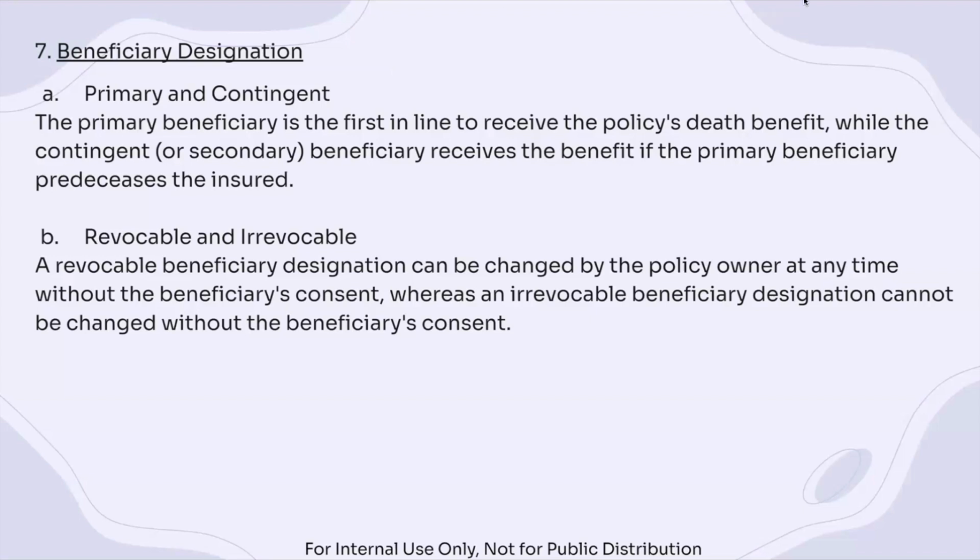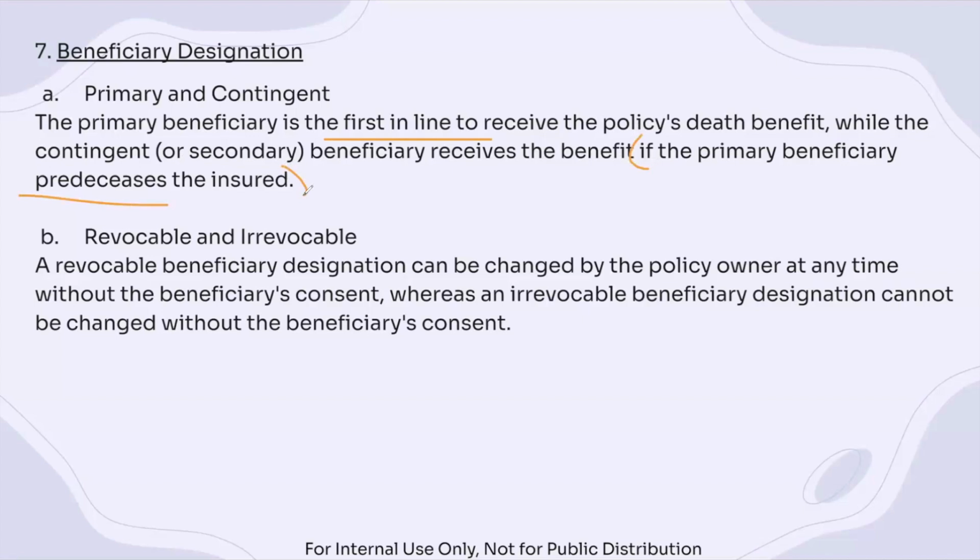The primary beneficiary is the person that's first in line to receive the policy's death benefit. This might be your dependents, something that you're really familiar with. Contingent beneficiaries are individuals who are second in line to receive the benefit only if the primary beneficiary predeceases the insured. This might be extended relatives.